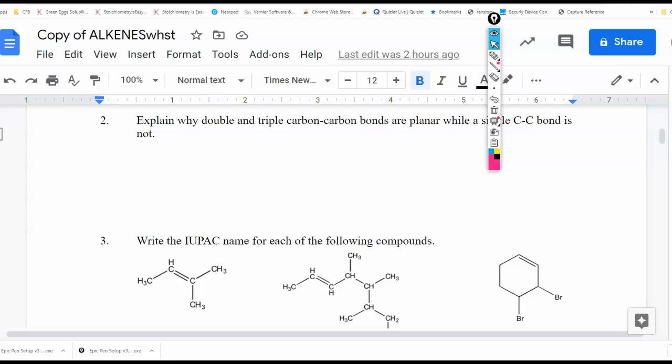Explain why the double and triple carbon-to-carbon bonds are planar, while the C to C single bond is not. So let's keep in mind that around each carbon double bond we have a trigonal planar format, and the carbon-to-carbon triple bond is a linear format, which are both in the same plane, but an alkane has more of a tetrahedral format around each carbon.